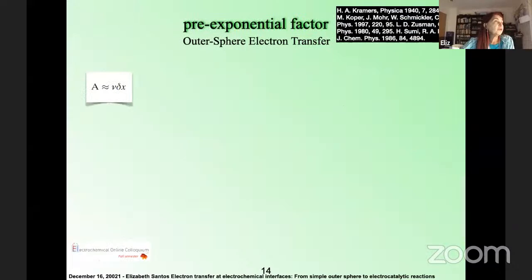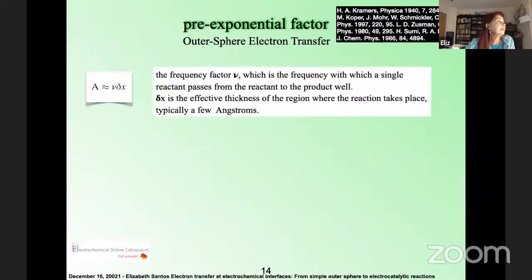Good. Then we focus now on the pre-exponential factor. In the case of outer sphere reactions, this is related to the frequency factor, which is the frequency of a reactant going from the reactant to the product, and the effective thickness of the region where the reaction takes place, which is usually a few angstroms, not so large.